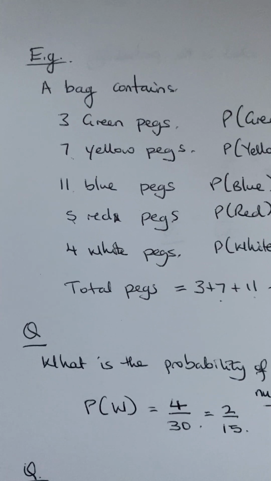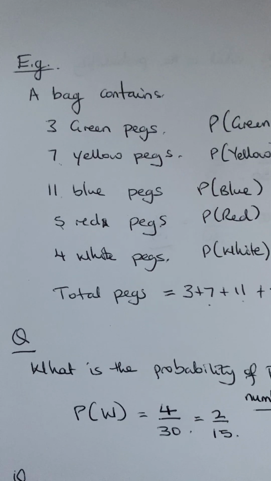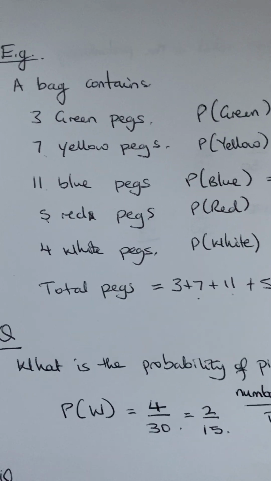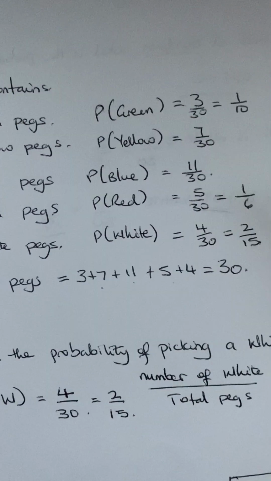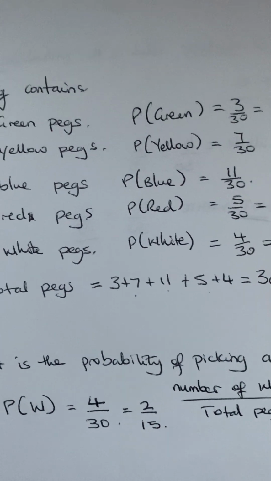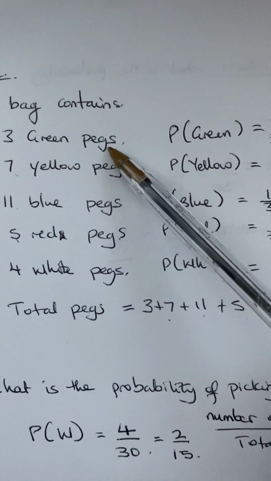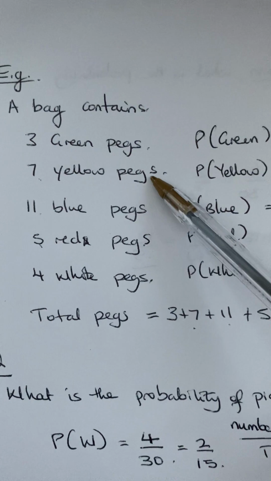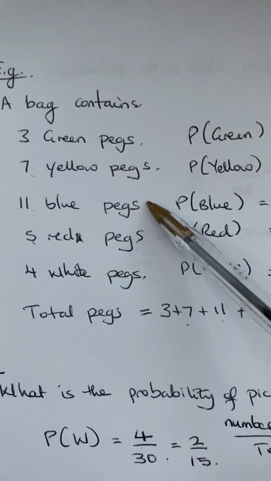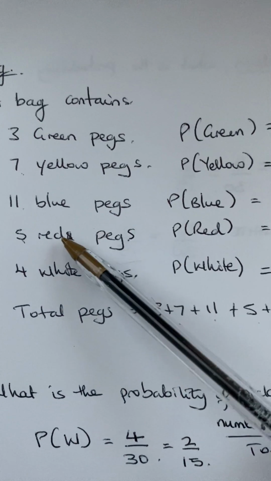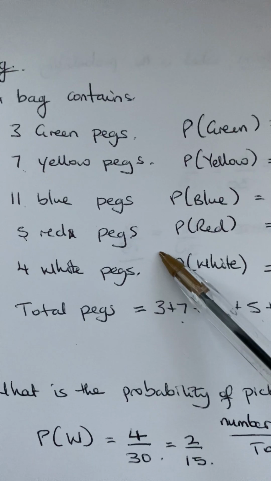It's about pegs, because I remember the last time we did an example on pegs. So the example I have here is a bag full of 30 pegs. We have 3 green pegs, 7 yellow pegs, 11 blue pegs, 5 red pegs, 4 white pegs.